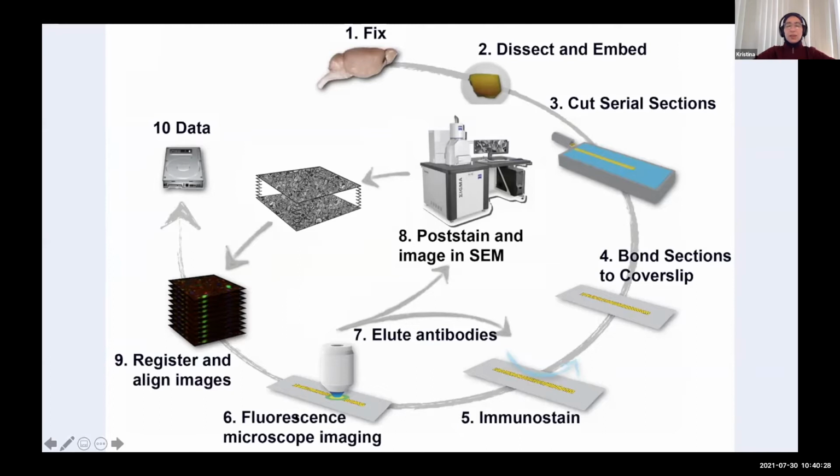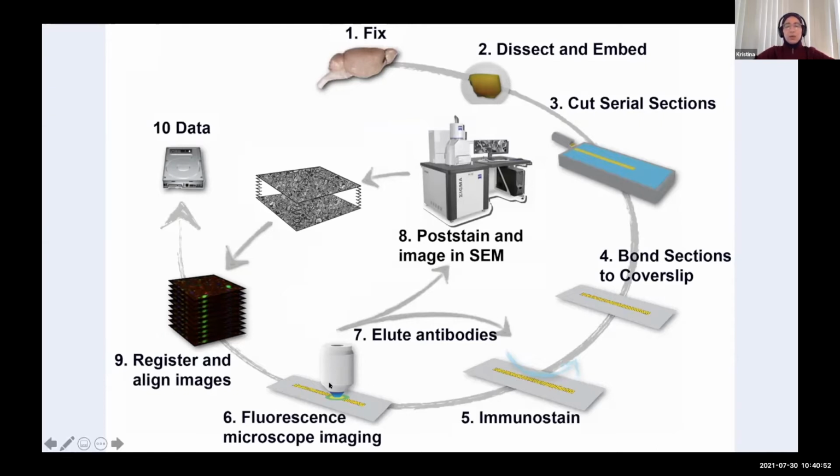Then they're imaged with a fluorescence microscope, and after that, the antibodies can actually be eluted. We use a high pH solution that can remove the antibodies, and this allows another set of antibodies to be applied and imaged again exactly in the same location, and thus acquire quite extensive molecular information from our sample.